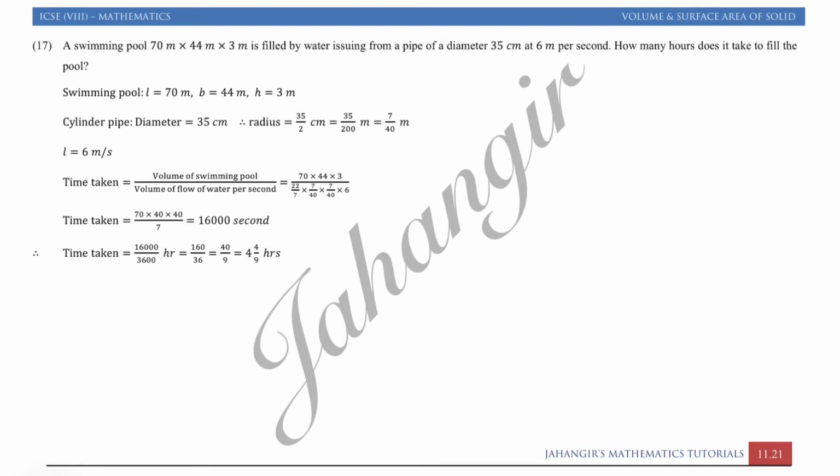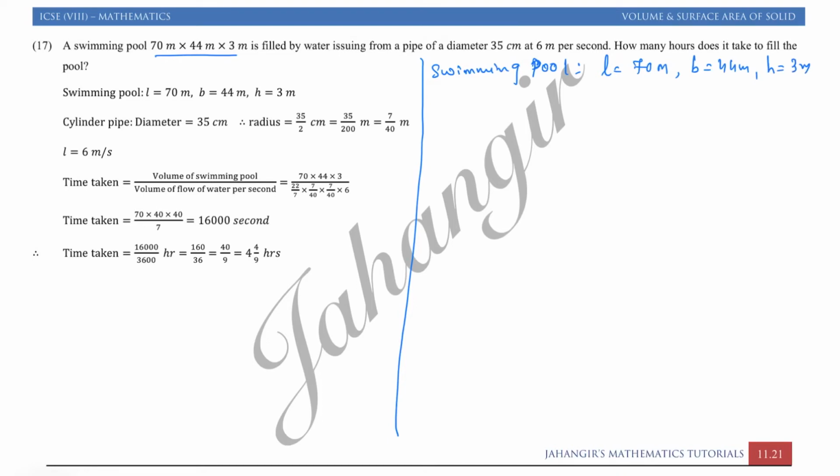Question number 17. A swimming pool which is in the shape of cuboid whose length is 70 meter, breadth is 44 meter and height is 3 meter is filled by water issuing from the pipe.